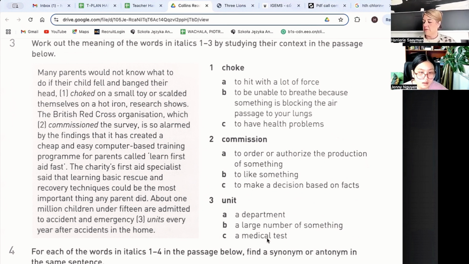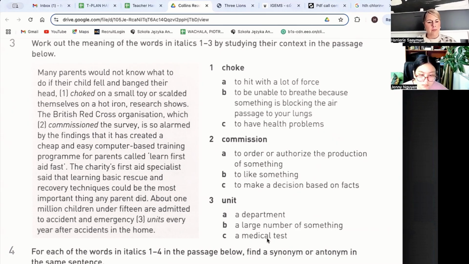Many parents would not know what to do if a child fell and banged their head, choked on a small toy, or scalded themselves on a hot iron. Research shows the British Red Cross organization, which commissioned the survey, is also alarmed by the findings and has created a cheap and easy computer-based training program for parents called Learning First Aid Fast.